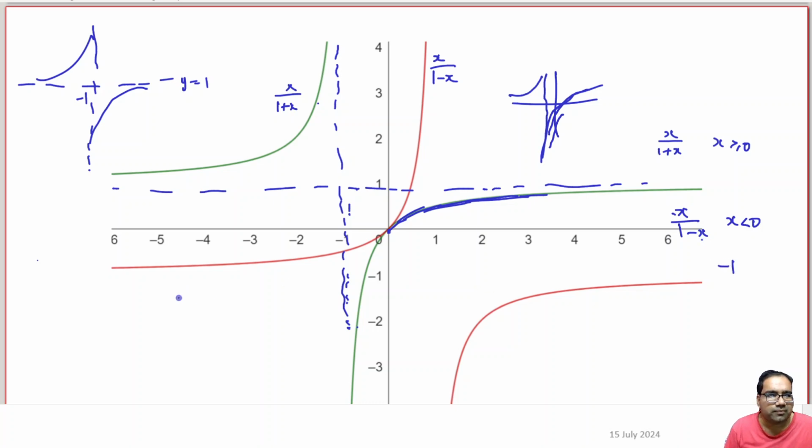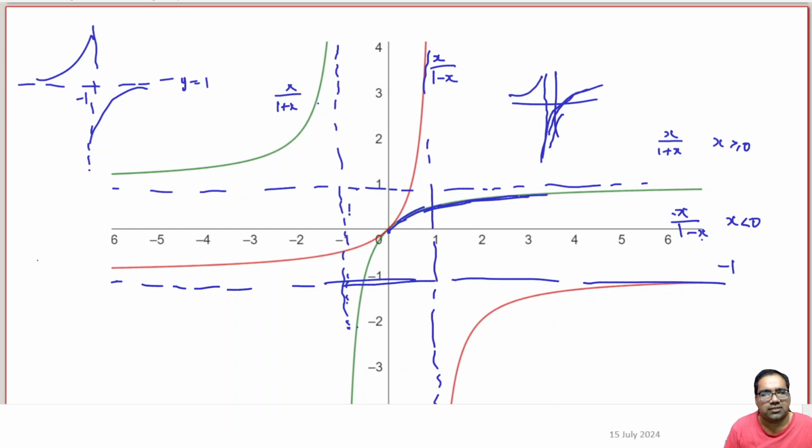So obviously, y equal to minus 1 is a horizontal asymptote. And when is the vertical asymptote? When x equal to 1, the denominator becomes 0. So the graph again looks similar.